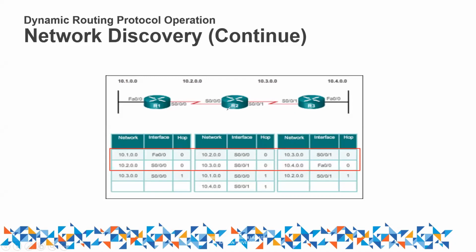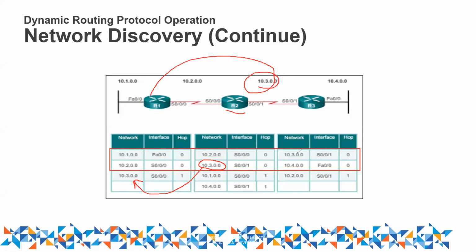It was the entry of R2. You can see here. This entry was here, and R2 shared this entry with R1. And now R1 has the idea about this network.